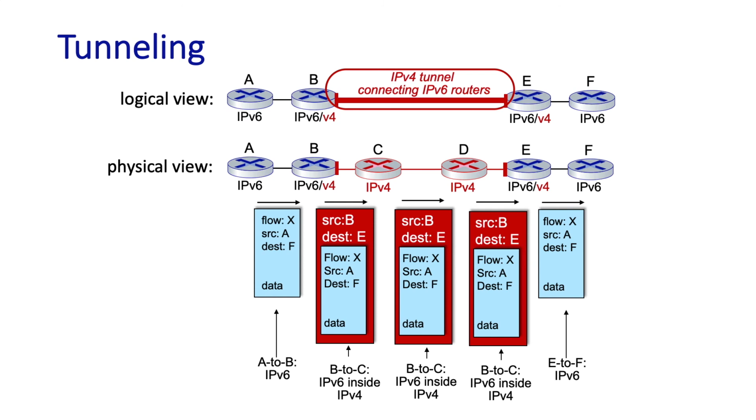And in this way, through the use of tunneling, both IPv4 and IPv6 can coexist to forward datagrams end-to-end along a path of mixed IPv4 and IPv6 routers. The key thing, as we've seen here, is that at the boundaries between the two types of technologies, IPv4, IPv6, we have routers that can do both IPv4 and IPv6, and this is true of all modern routers.